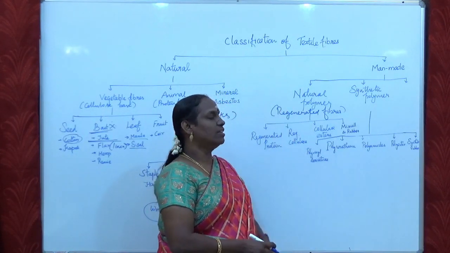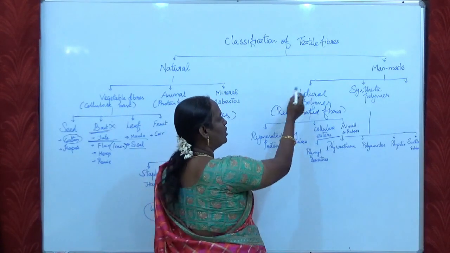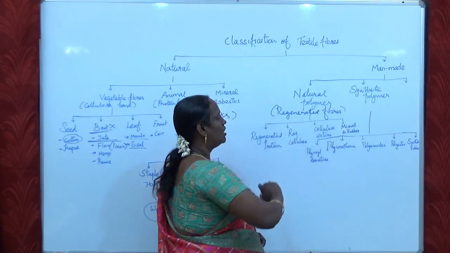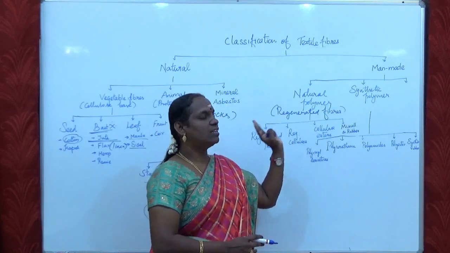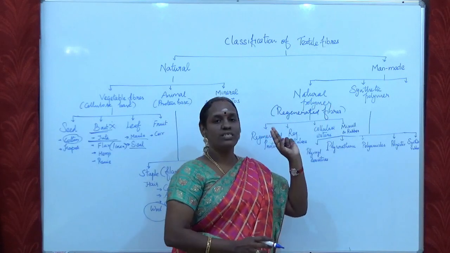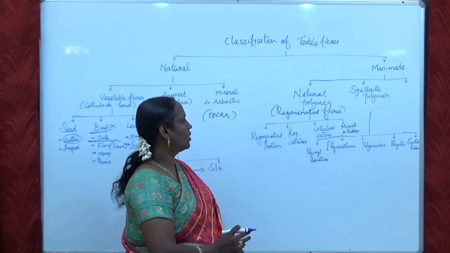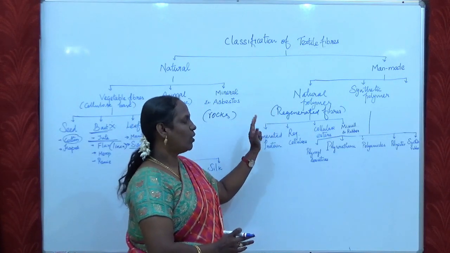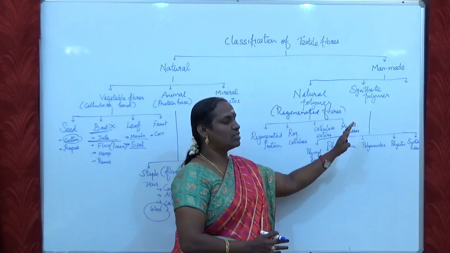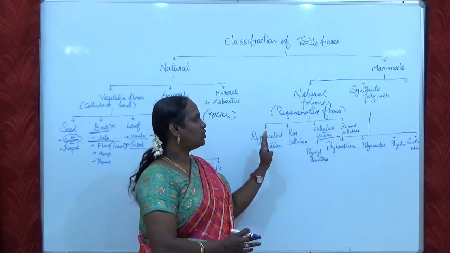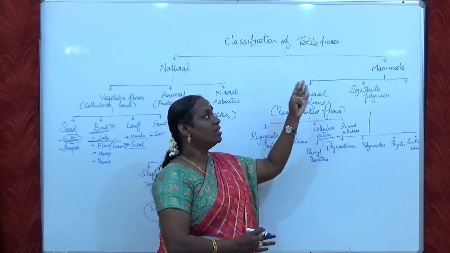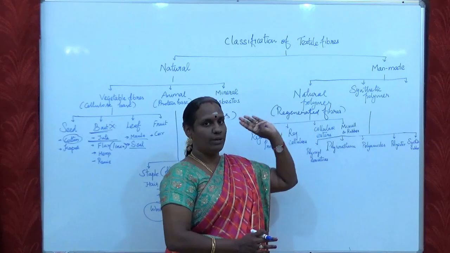I have mentioned here the other name, that is natural polymer, which is earlier mentioned as regenerated fibers. Next one is synthetic polymer, that is synthetic fiber, right? Okay. So natural polymer. What are the other types of natural polymer obtained from the man-made process?